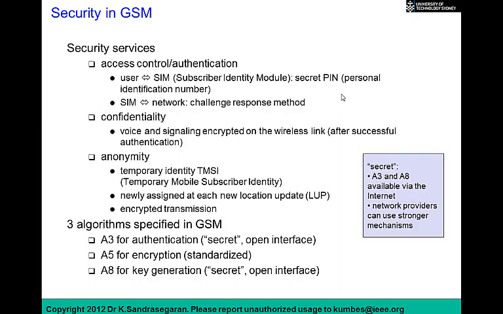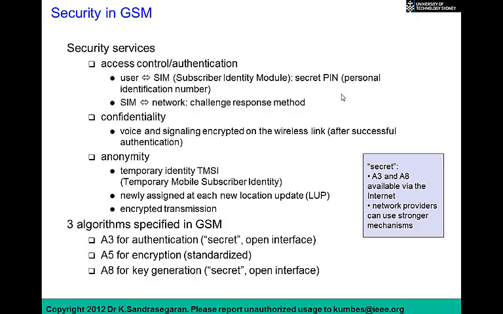We said the IMSI is a very important piece of number, and we don't want to transmit that across the interface, or we want to minimize the transmission of the IMSI. So we have the TMSI that is used for this purpose, and it has a time period associated with it, and every time you do a new location update, the TMSI is changed.